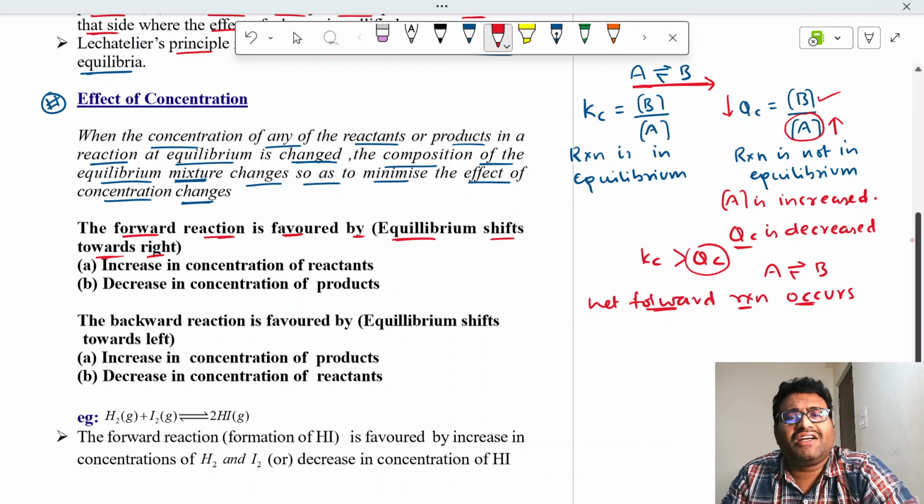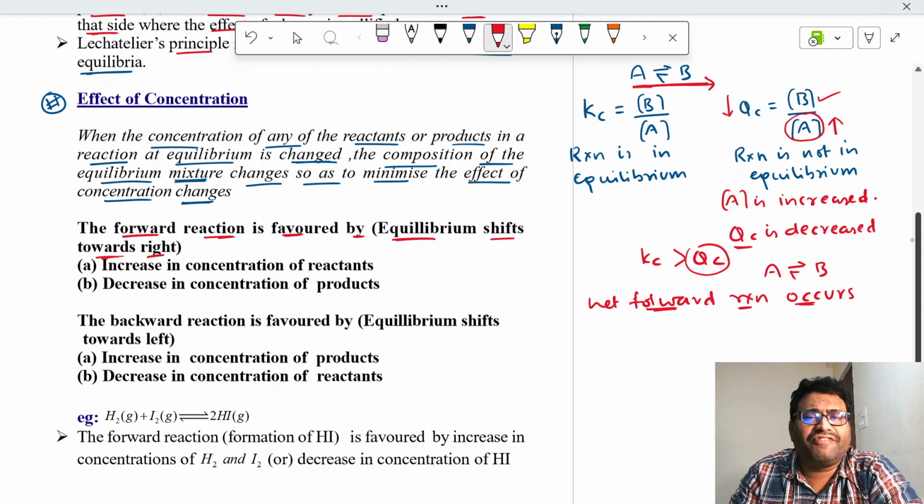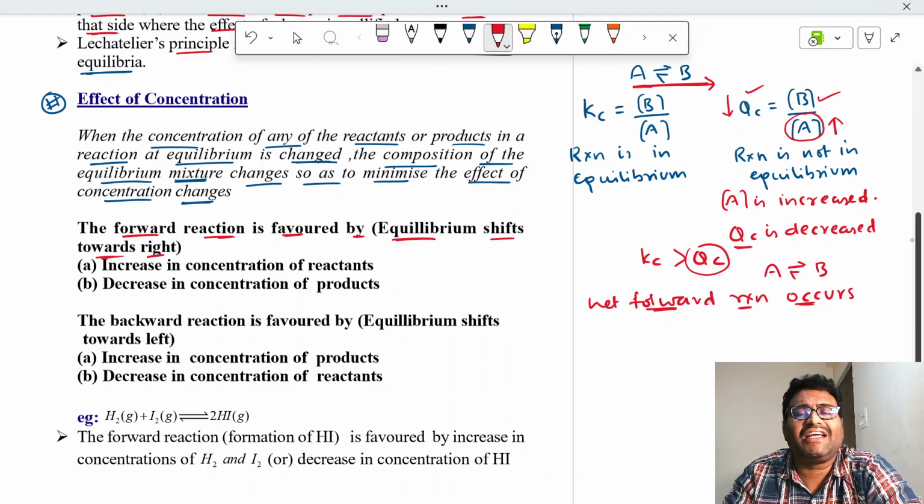So why are we discussing it in terms of Qc and Kc? Because in competitive examinations, they will ask statement type questions in this format only. When you are increasing the concentration of reactant, Qc decreases below Kc. The tendency of a reversible reaction is to attain equilibrium, so Qc tries to equalize Kc.